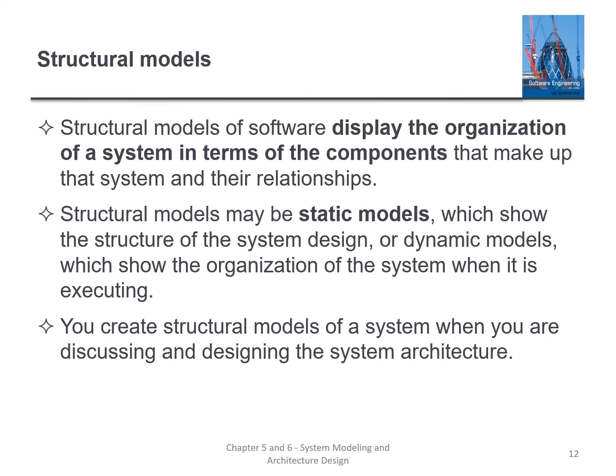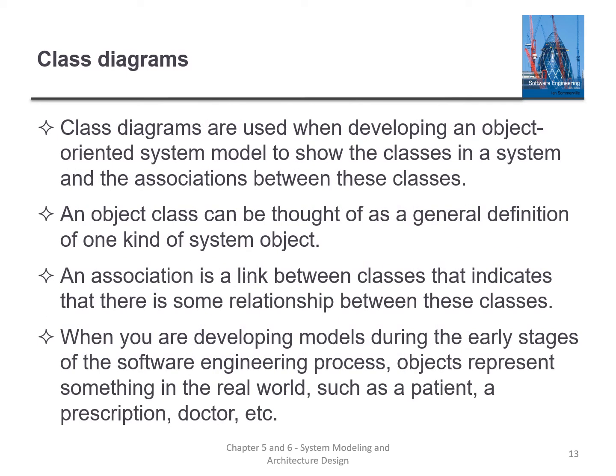When you are doing system architecture, it is closely related to the components or the classes that you define in the structural model. In UML, the diagram suitable to capture structural information is the class diagram. I think most of you have seen it when you took programming courses.